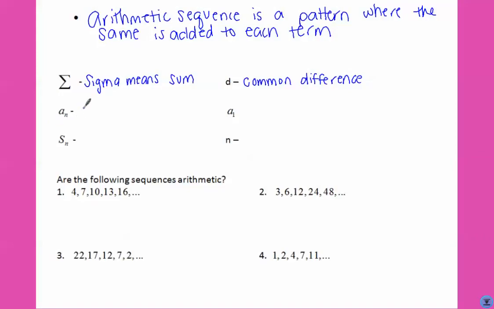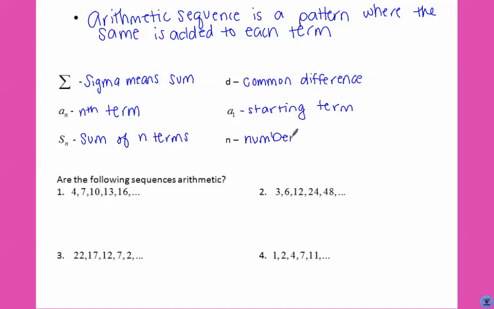A sub n is your nth term. A sub 1 is your starting term. S sub n is the sum of n terms, and n is the number of terms.